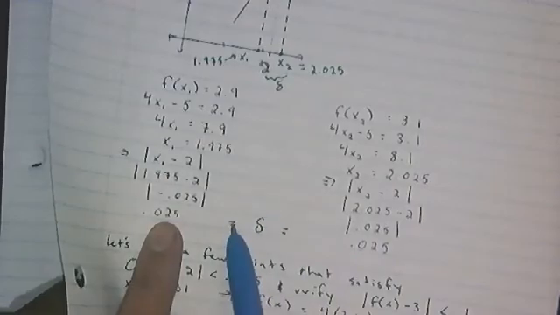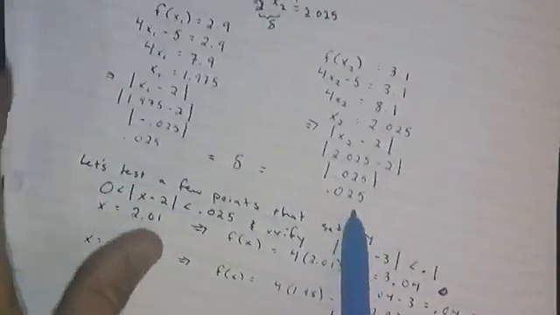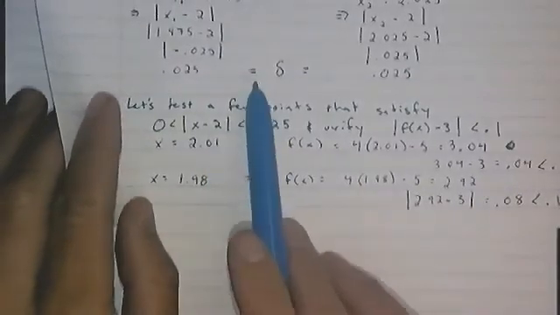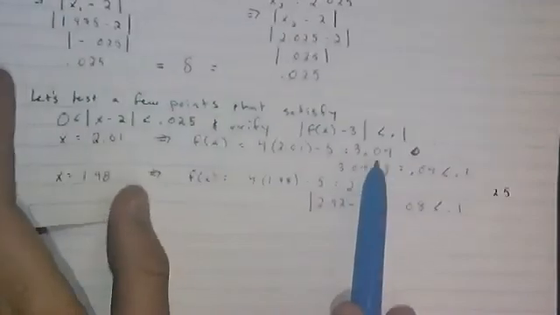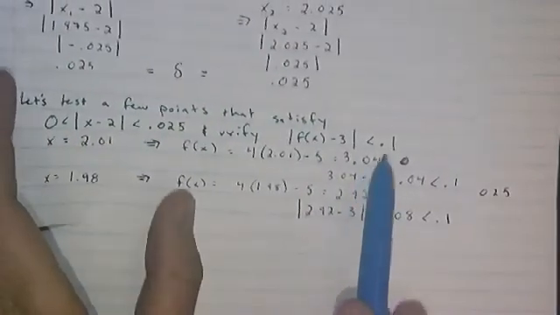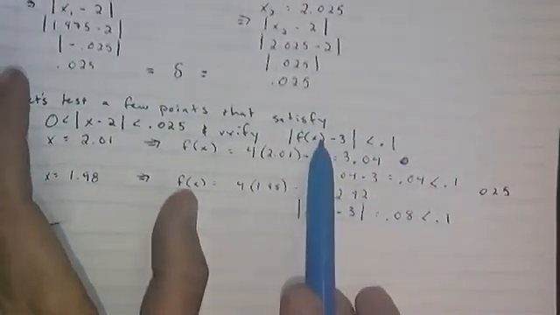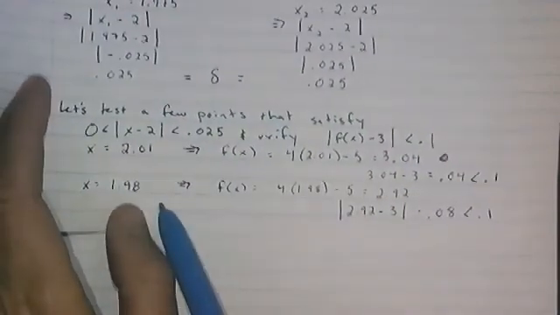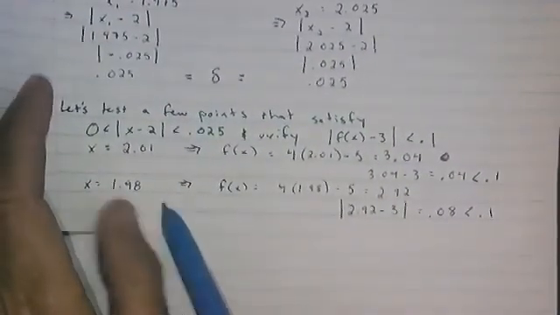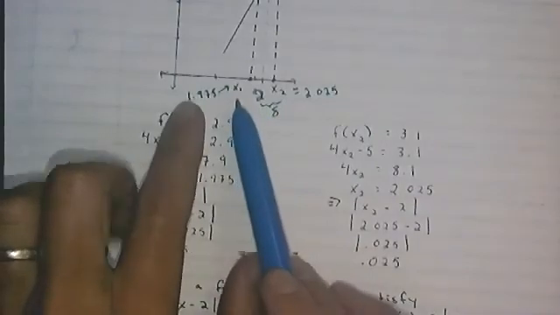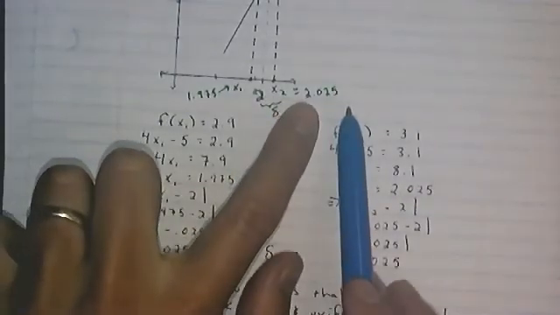Epsilon determined delta. And then we picked a couple of numbers to say that actually seems to work out. Anytime we pick an x value that is within delta of 2, it appears to deliver a function value that is within 1/10 of 3. But we did it for just two numbers. There are a lot more than two numbers in between 1.975 and 2.025.